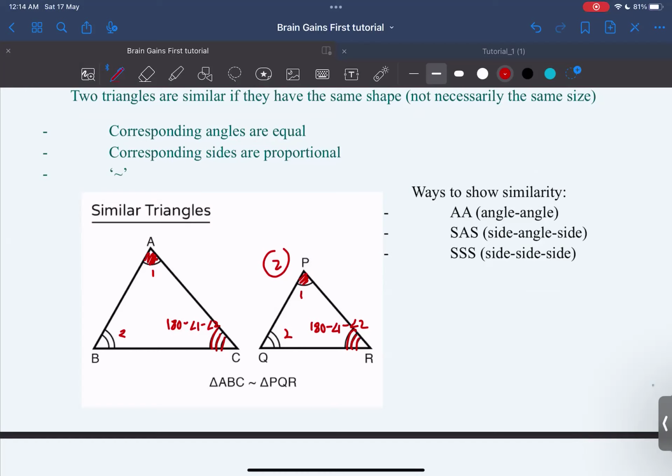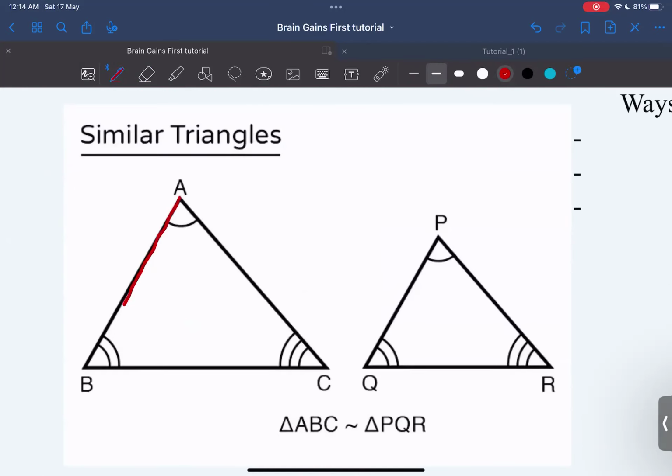Yeah, so for side angle side, I think it's one of the less obvious ones. For angle and side, it's pretty intuitive what it means. But for side angle side, what it basically means is that if we are able to prove that this side, say it's length A and KA and KB.